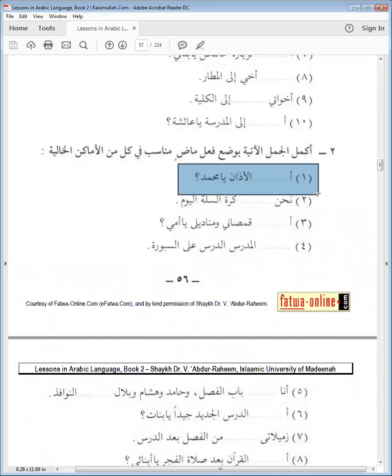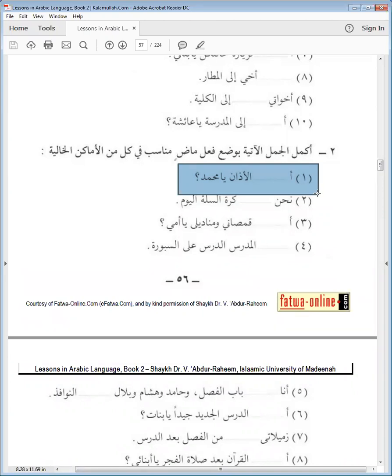Besides the question mark at the end, the sentence begins with a hamza. Once you have the hamza there, you're asking a question. So somebody's asking Muhammad about what? The adhan. So what is a normal question somebody will ask about the adhan?